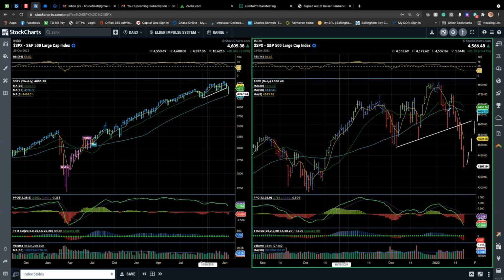But then these numbers or these lines that were acting as areas of support become areas of resistance, which means, will we be able to break above those levels? Or will we turn around and head back down?